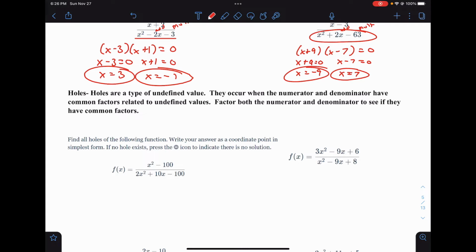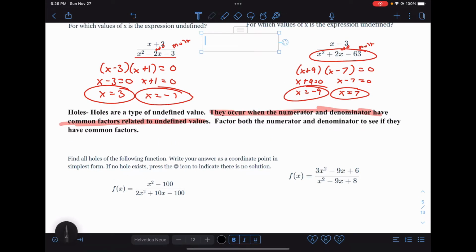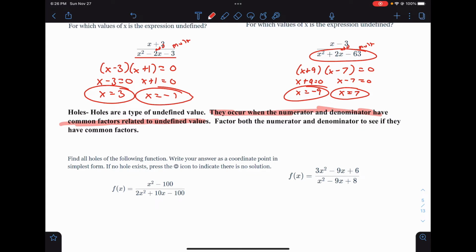So the first thing you're going to do is look for a hole. Holes occur when the numerator and the denominator have common factors related to undefined values. Essentially, if you have the same factor in the numerator and in the denominator, you're going to have a hole there.